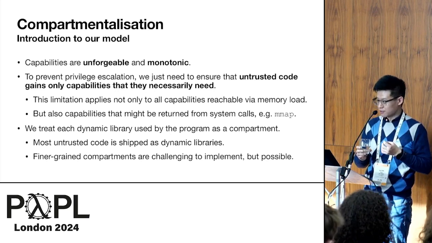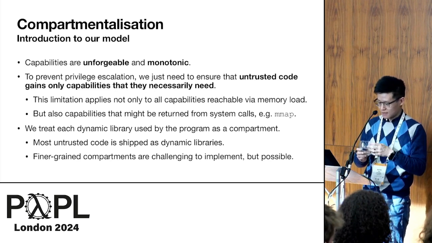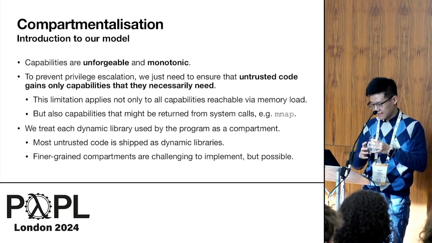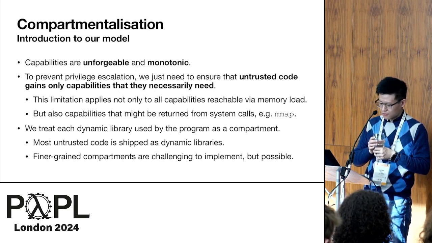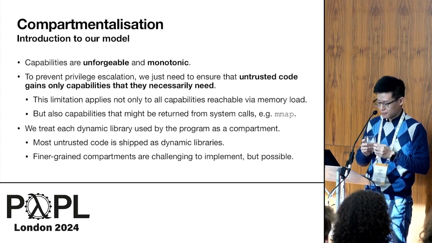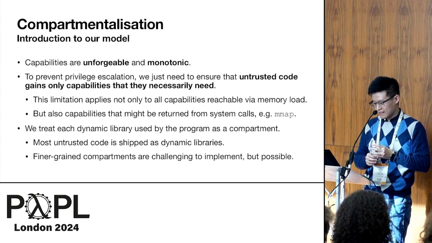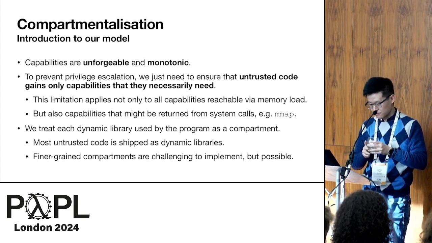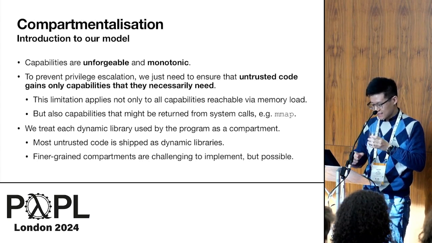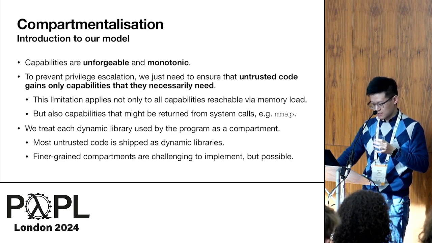These third-party code is not necessarily trusted, so I think we can compartmentalize them to prevent them from gaining extra privileges. Moreover, we can, in theory, do finer-grained compartments, but they incur more disruption to source code, and you sometimes need static analysis or some runtime enforcement to do that. This is currently out of the scope for this talk.